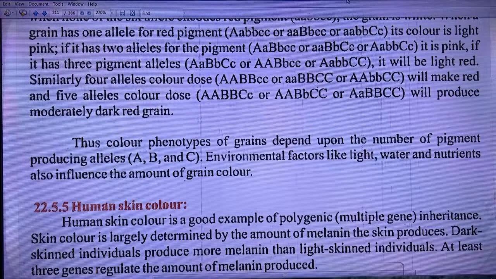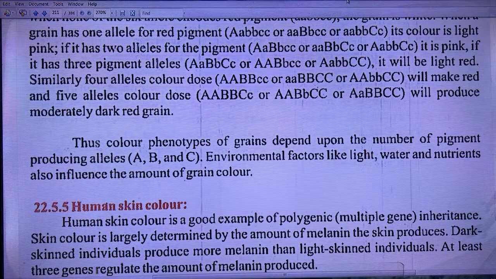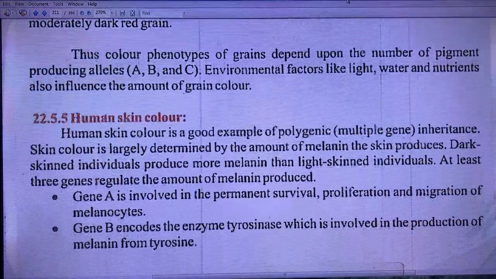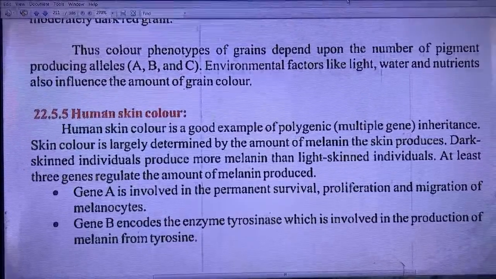Similarly, four alleles will make red, and five alleles will produce moderately dark red. Thus, the color phenotype of grains depends upon the number of pigment producing alleles A, B, and C. Environmental factors like light, water, and nutrients also influence the amount of grain color.